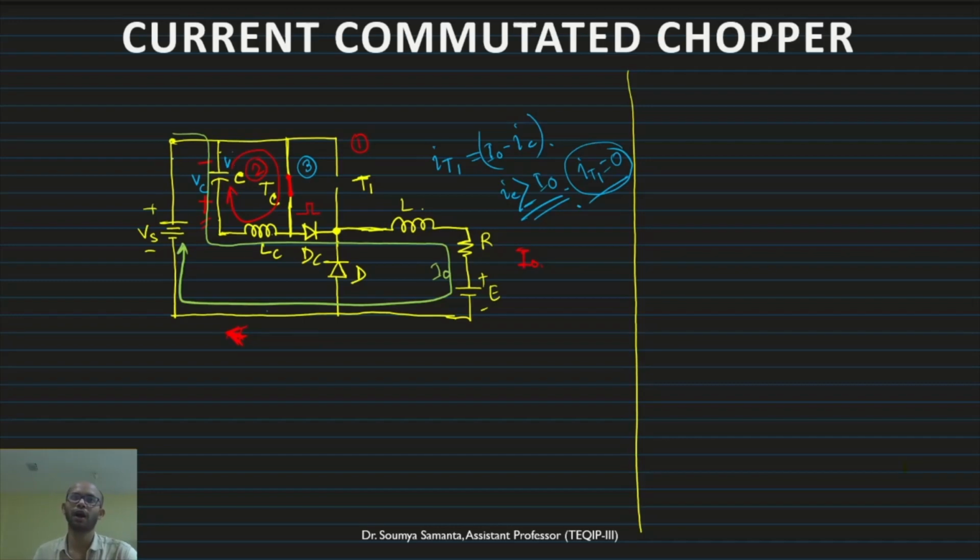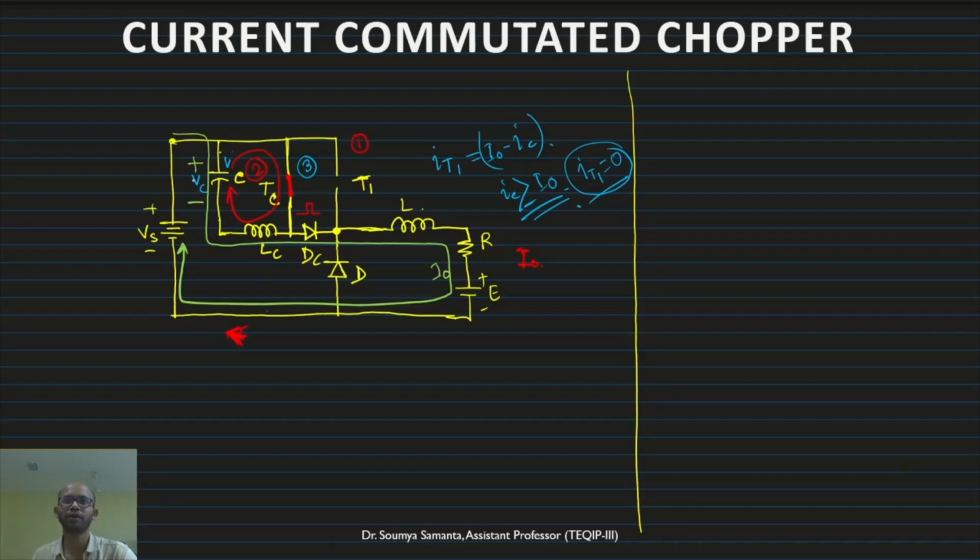So basically I naught will flow through the capacitor. When I naught starts flowing through the capacitor, initially the capacitor will be discharged and then it will be charged again with the reverse polarity. This will be the polarity.